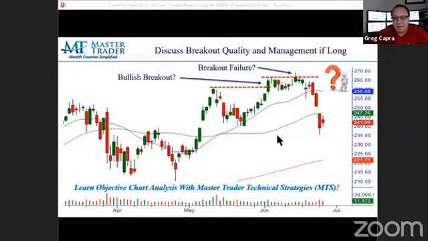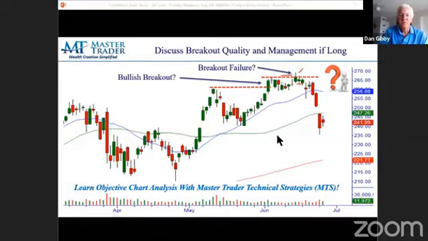Another concept is that when it broke out and then you got that minor topping tail, it's not quite an inside bar, but trading isn't that exact all the time. So once it broke below not only the inside bar but the breakout bar's low, just get out. We can look at the Qs as a better example of the inside bar breakout failure.